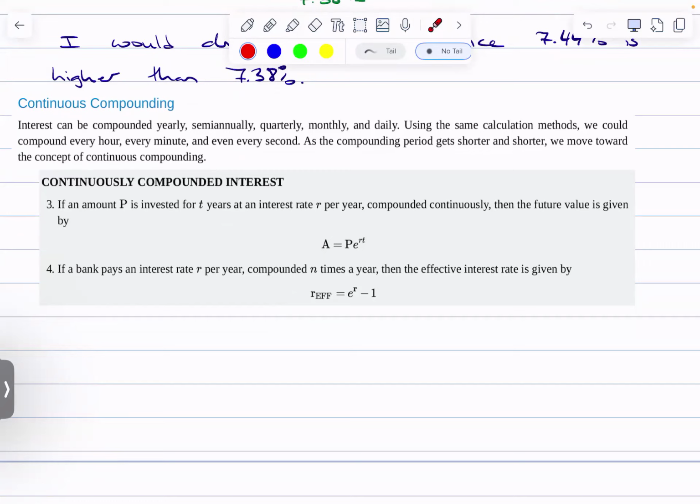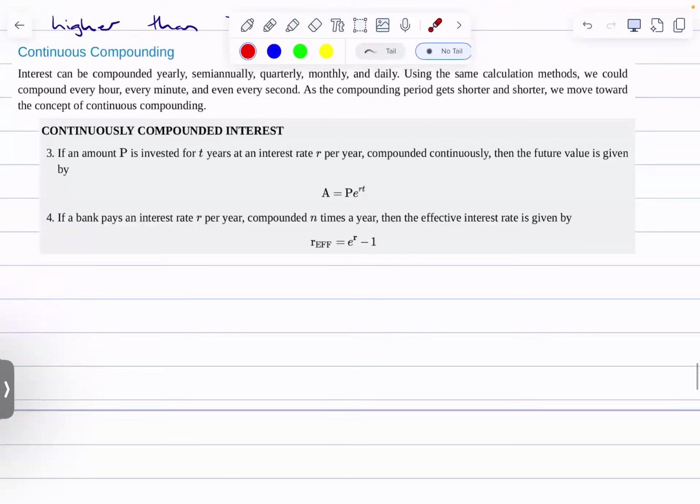If we have continuously compounded interest, then we get a new formula. It's not that common to have continuously compounded interest, and so it's not one that I want to focus on, but it is kind of a fun thought experiment, right? It's compounding, not even just every second, but continuously. It behaves slightly differently, but the formula is this.